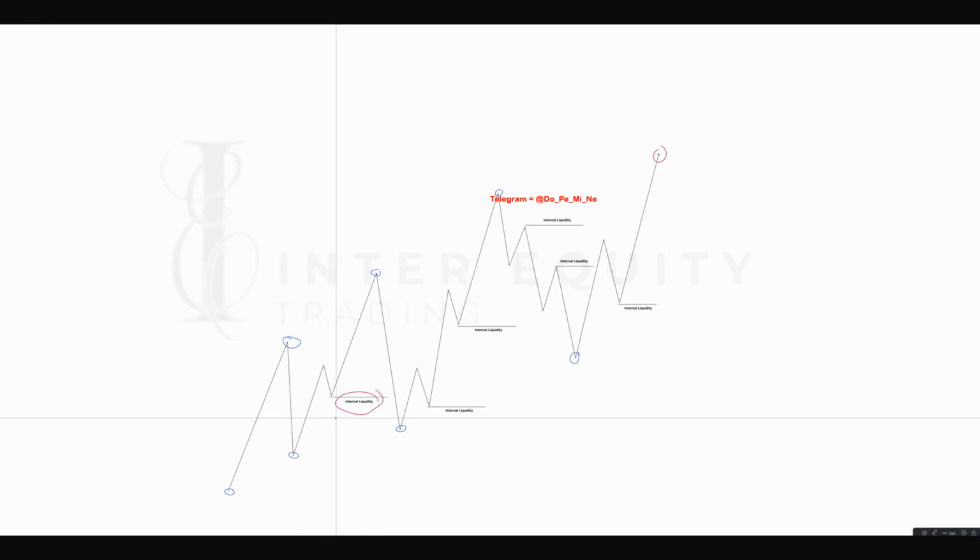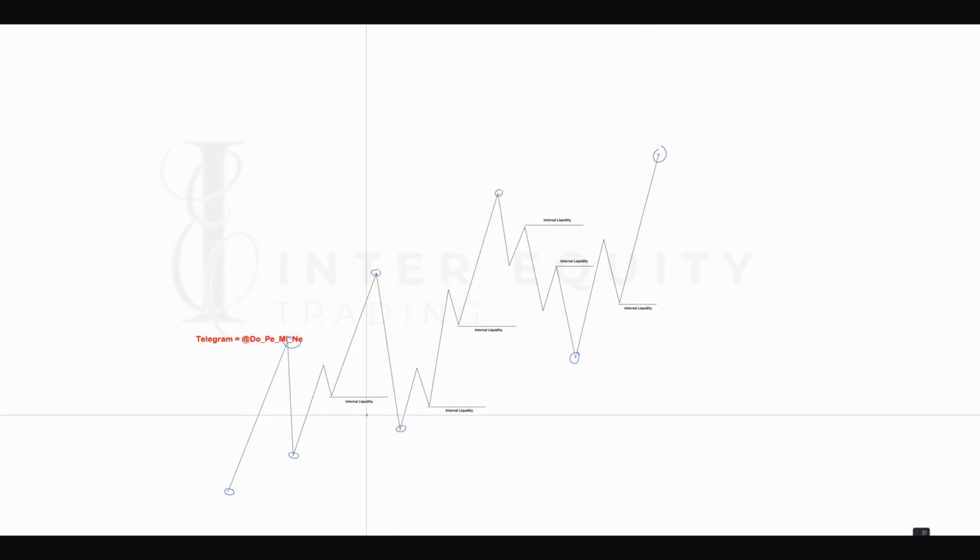It's the liquidity that's in between the range. So your ranges are the blue and your internal liquidity are these. It's literally the liquidity that is in between the highs and lows, or your external liquidity points. Okay, so these are all your internal.